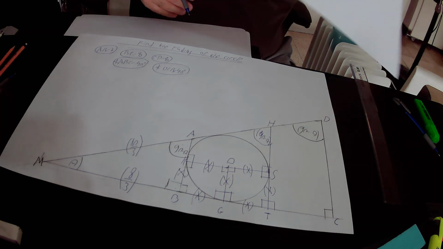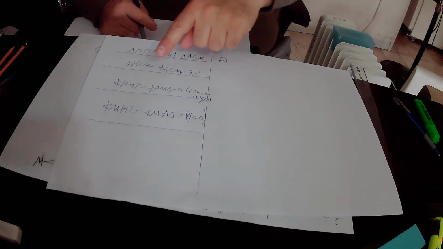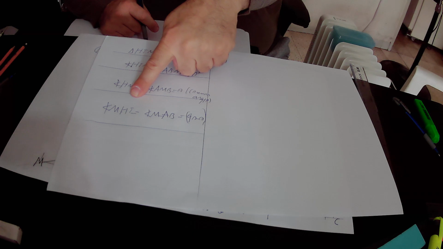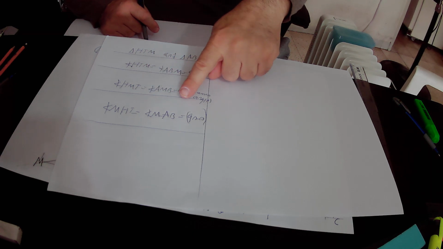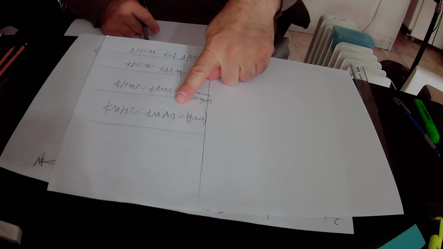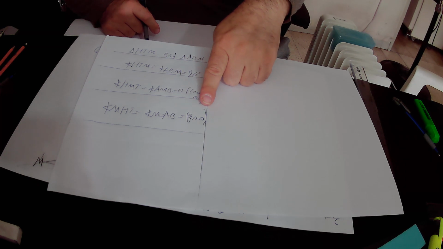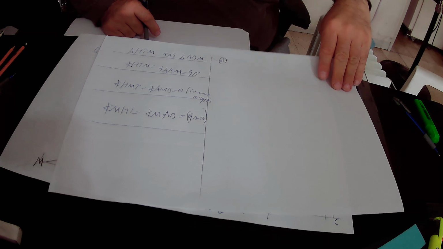Repeat again. Angle MHT in the big right triangle HTM equals angle MAB in the small right triangle ABM. They are both equal to 90 degrees minus theta, therefore they are equal to each other.